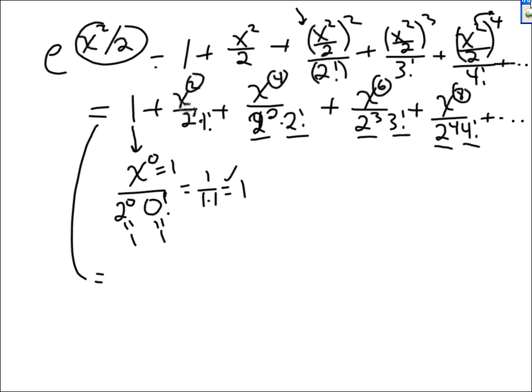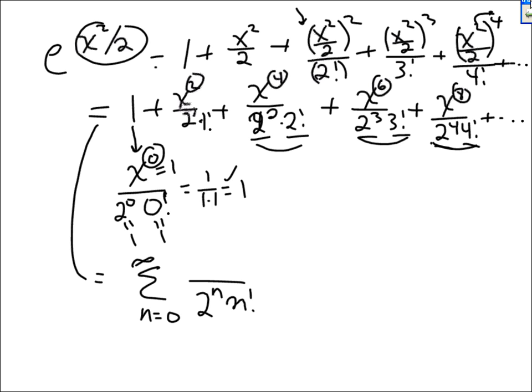So this is equal to the summation as n goes from 0 to infinity. And let's do the bottom first, the denominator. You have 2 to the 4, 4 factorial. 2 to the 3, 3 factorial. It's 2 to the n times n factorial. But the numerators aren't going in order. It's not going 1, 2, 3, 4. It's even numbers. First it's 0, and then it's 2, and then it's 4, and then it's 6.